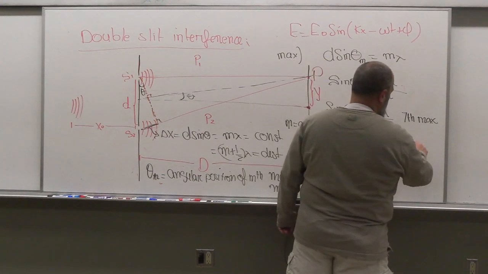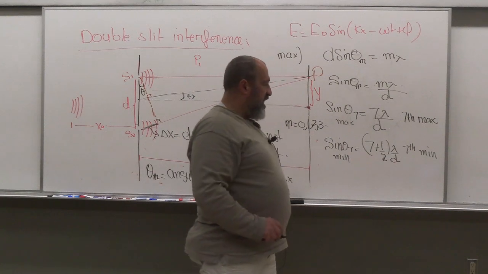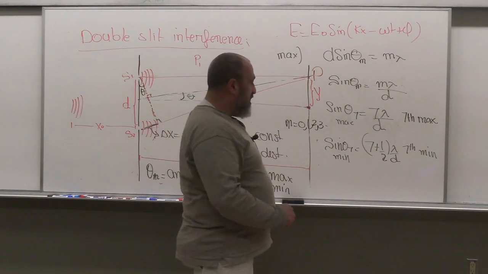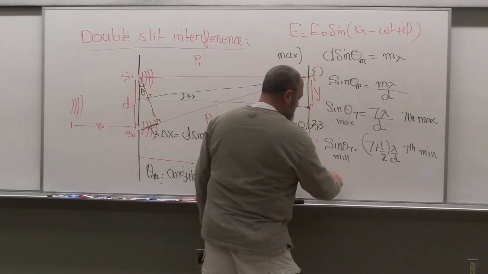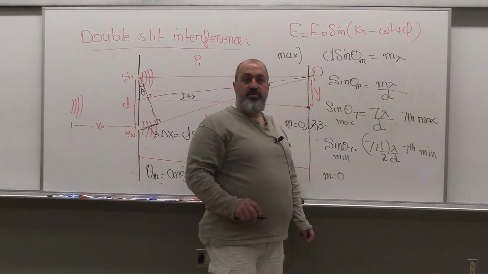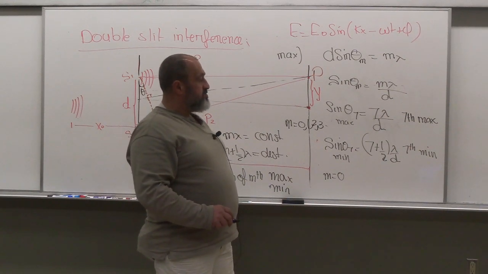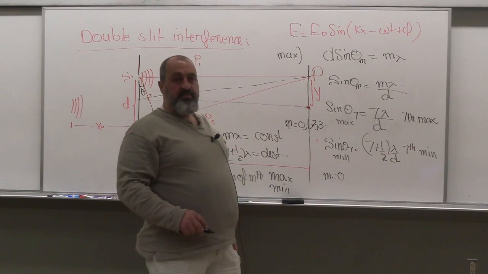And that's the 7th minimum. In this regard, we're calling m equals 0 the zeroth maximum or zeroth minimum, because we begin at m equals 0.